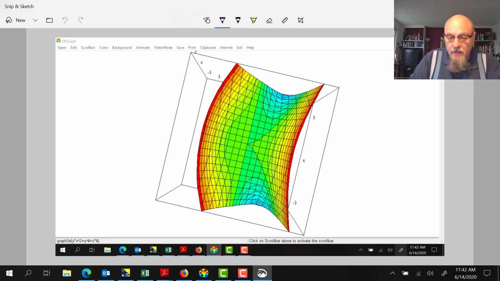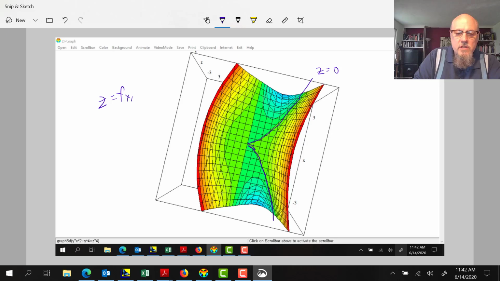So what I'm saying is this, continue that. That's the level curve when I set z is equal to 0. So here z is some function of x and y. I'm taking these level curves.